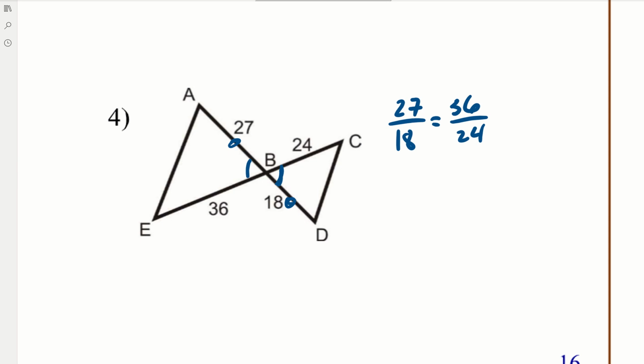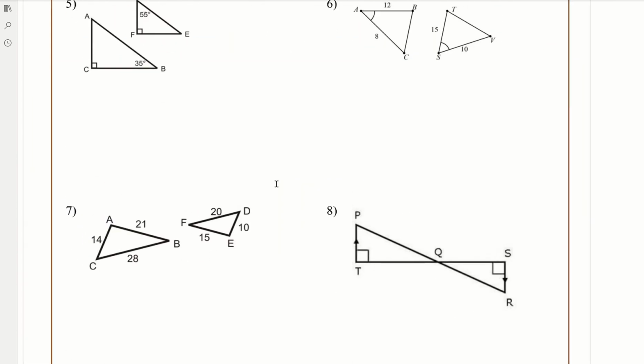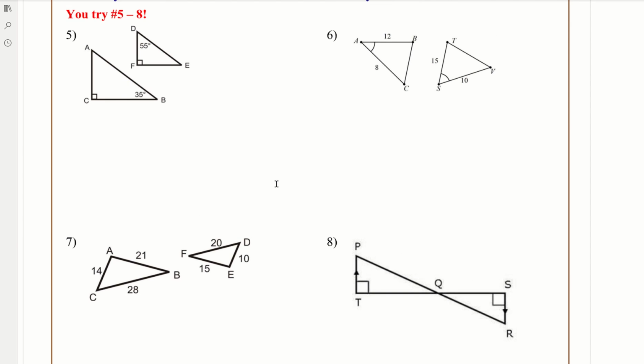Let's reduce this so I can tell what's going on. 9 goes into the first, giving 3 over 2. And 12 goes into the second, giving 3 over 2. So I have a side-angle-side similarity statement here. The two side lengths are proportional and the angle between is congruent. I'm going to have you go ahead and look at 5 through 8 and determine the information there.